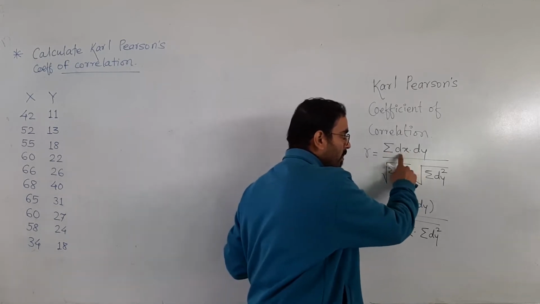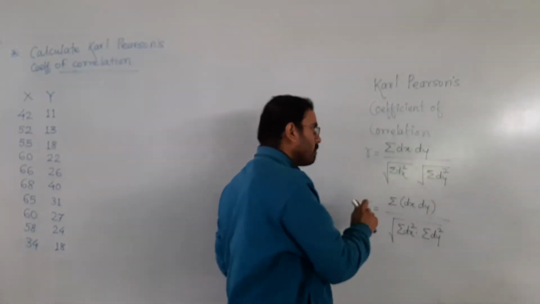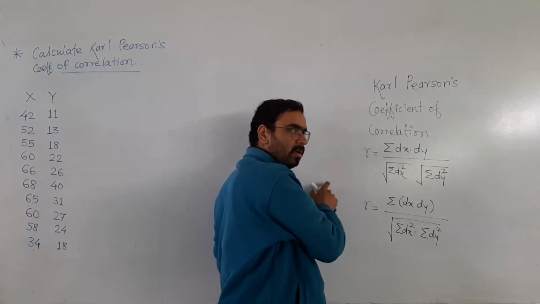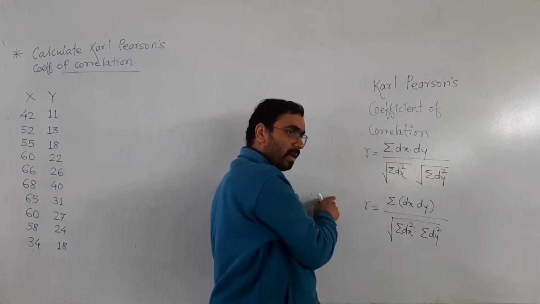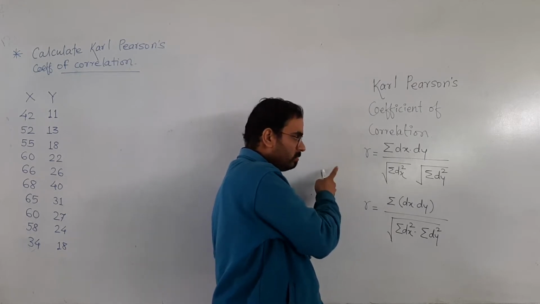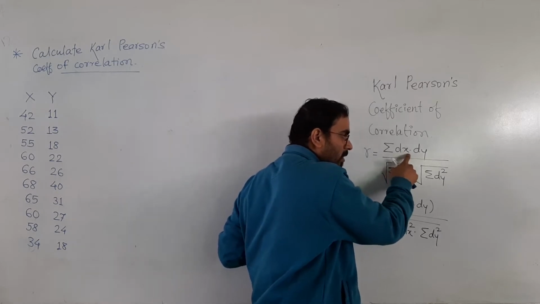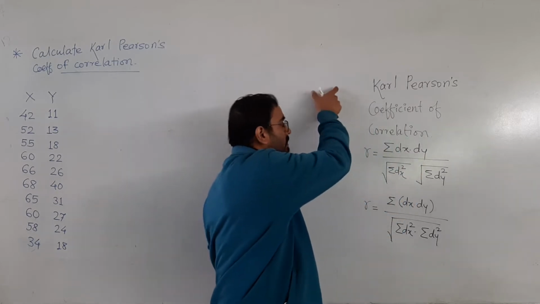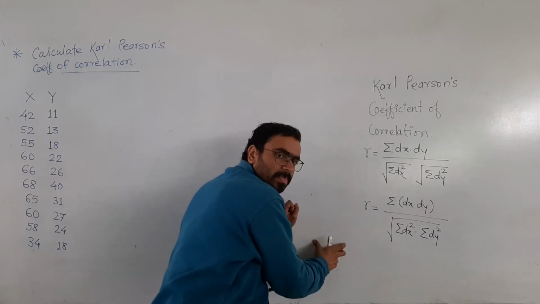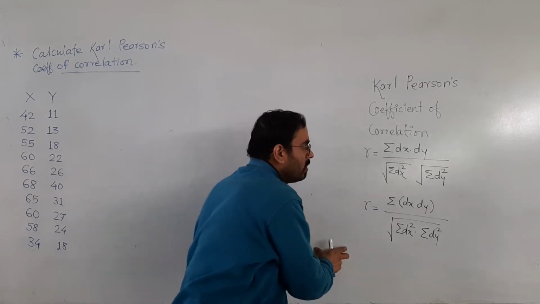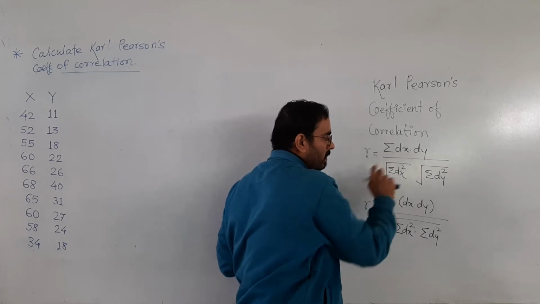Let's understand this. Summation of dx into dy means what? You have to draw a column of dx, draw a column of dy, and multiply those columns. Then you get another column, the dx dy column. After getting that column, you sum it up, and you get the summation of dx dy.